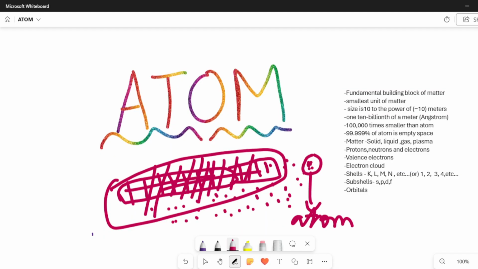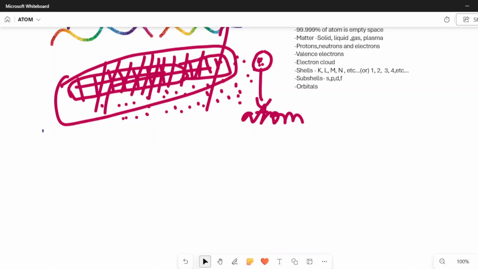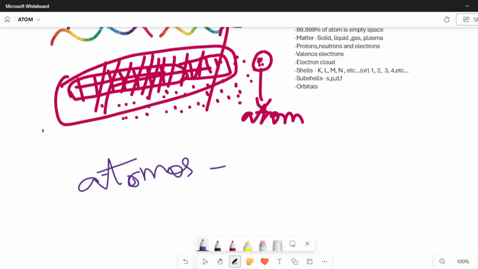You know the strange fact how this word atom derived. Atom actually derived from one Greek word called atomos, which meant indivisible.